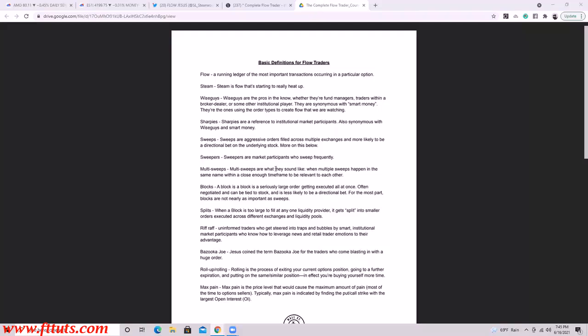So I'm selling my calls in Microsoft June, and I'm going to roll the position out to July. The majority of the time, it's a block. Not always, but a lot of the time it's a block, because there's really no urgency there.